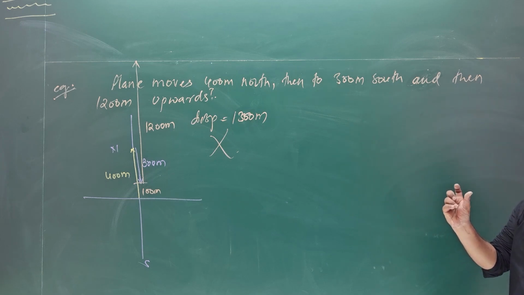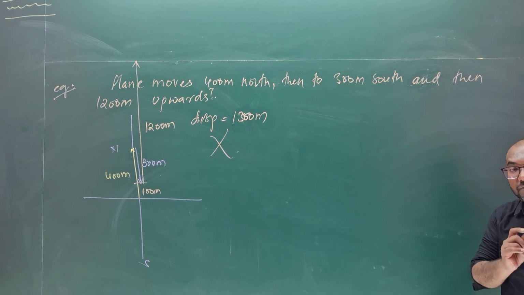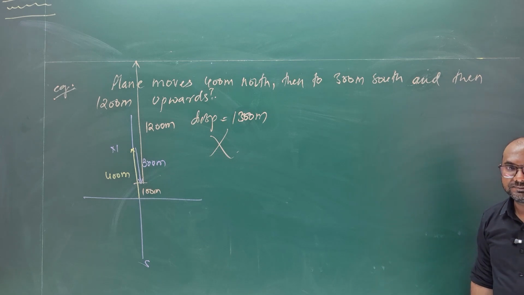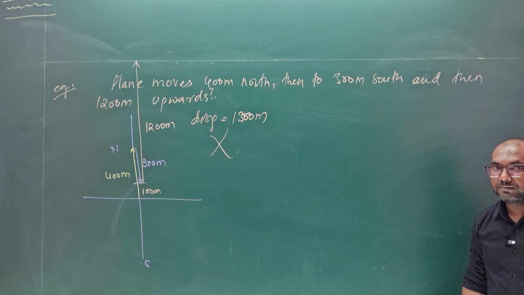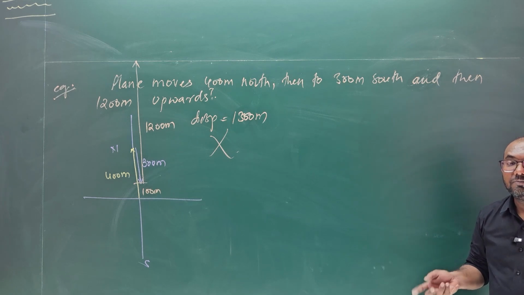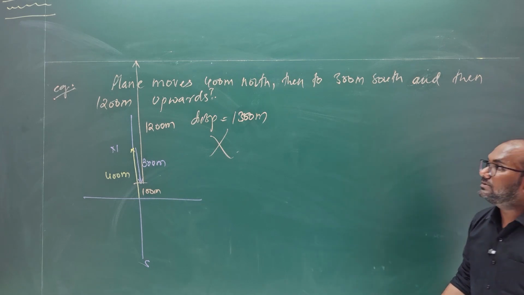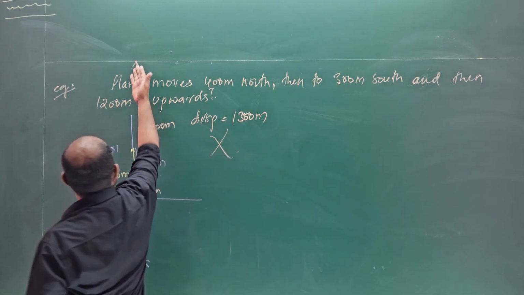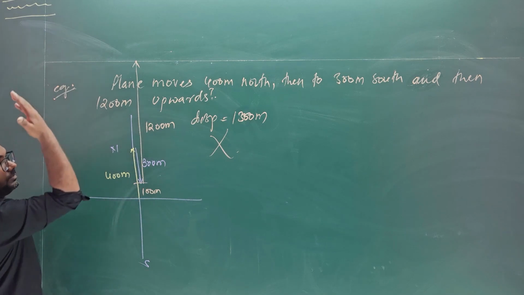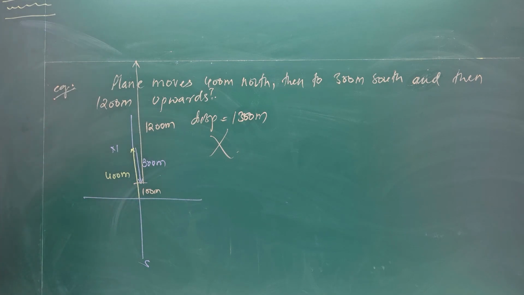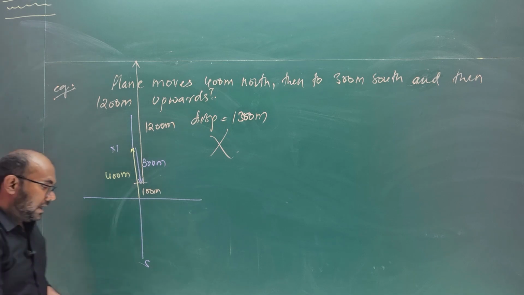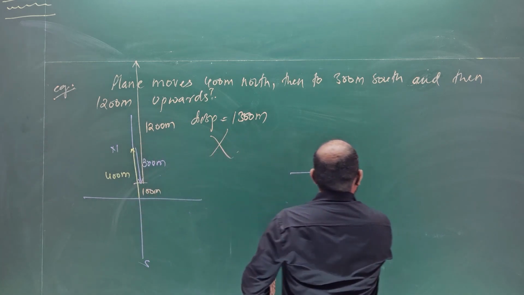What is the meaning of upward? Upward means moving towards the positive axis, and downward means moving toward the negative axis. In reality, this diagram should be like this.